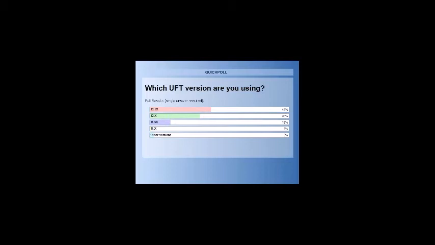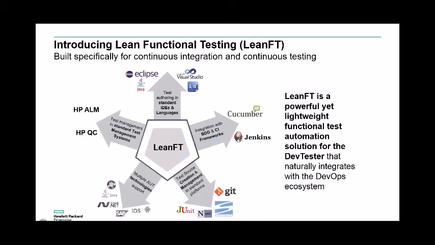About 3% are on some of the older versions, such as the QTP or functional testing releases. So a majority of the attendees are actually on the latest and greatest release of UFT, which is great because, as you know, those users will automatically get LeanFT as part of the Unified Functional Testing solution.